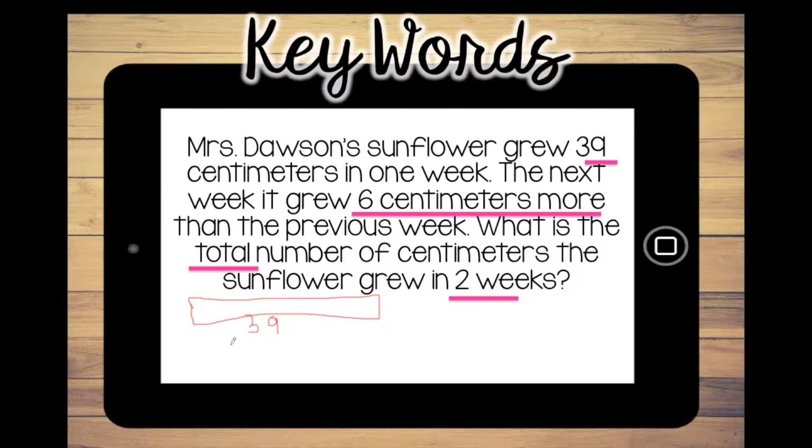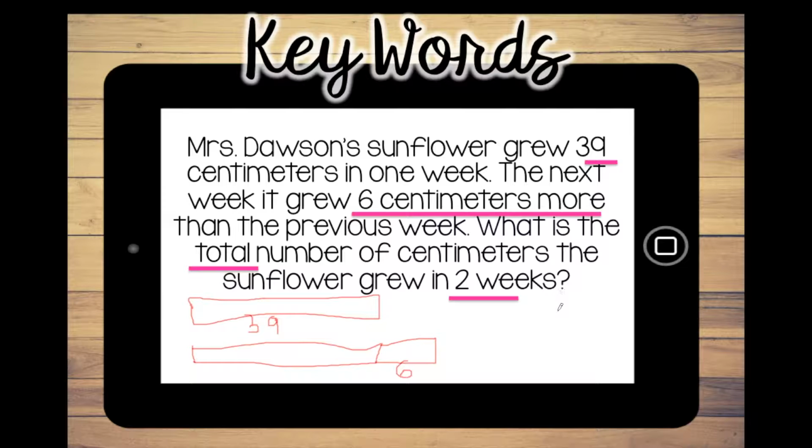The second week, it grew 39 centimeters again, but it grew 6 centimeters more. And it wants us to know how many centimeters it grew in the 2 weeks altogether.